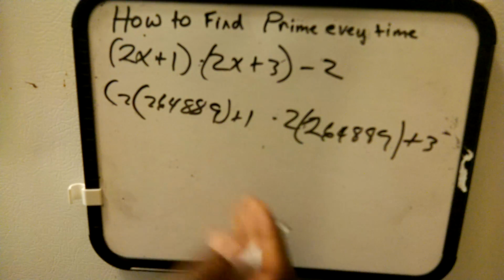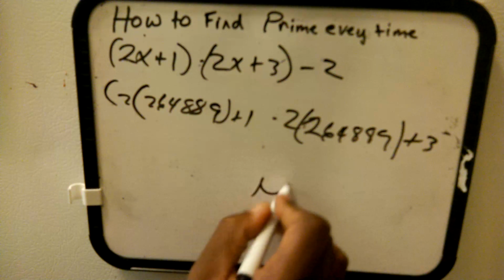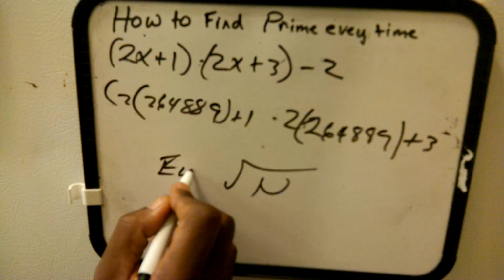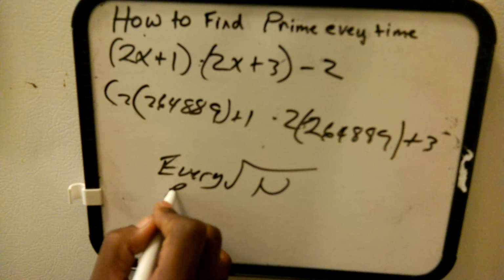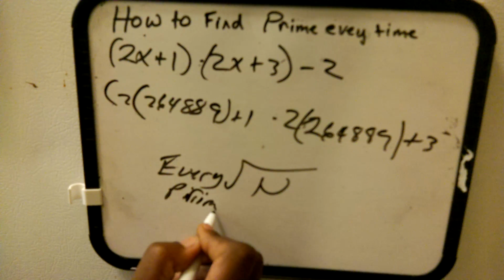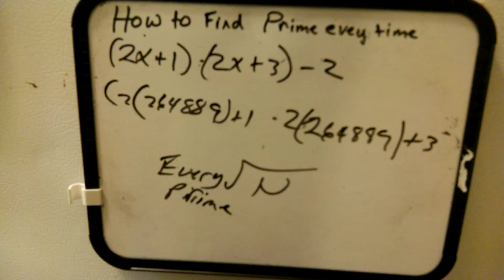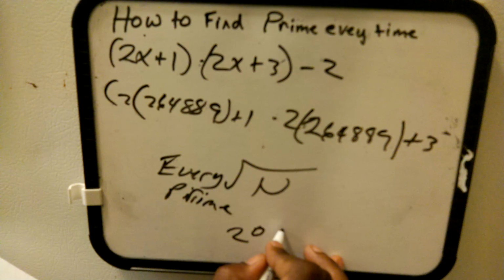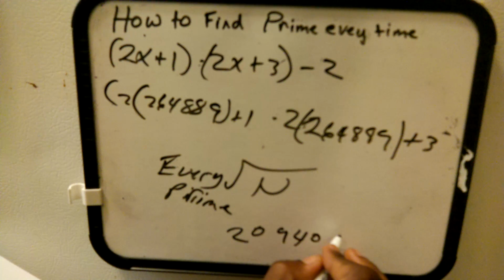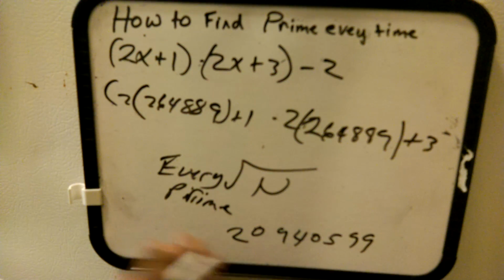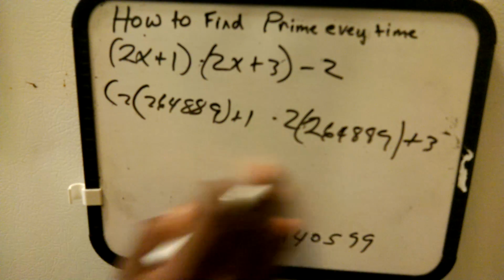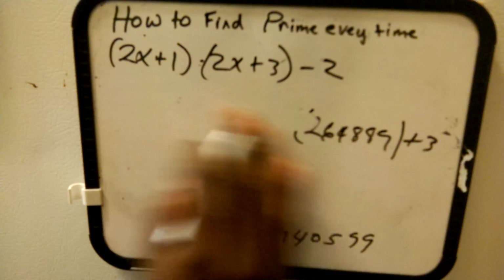Once I got all that, I took that number and I divided by every prime number, every prime, and I eventually got a new prime, which was 209405999. Okay, that's the new prime number. Then I took that prime number, stuck it back in here. Can you see the pattern here, guys?